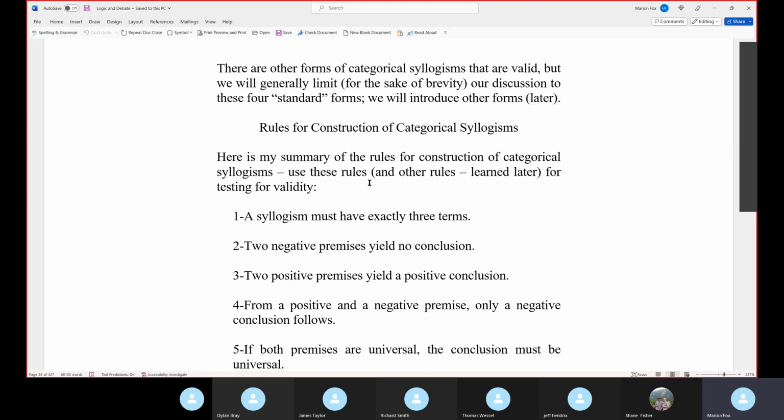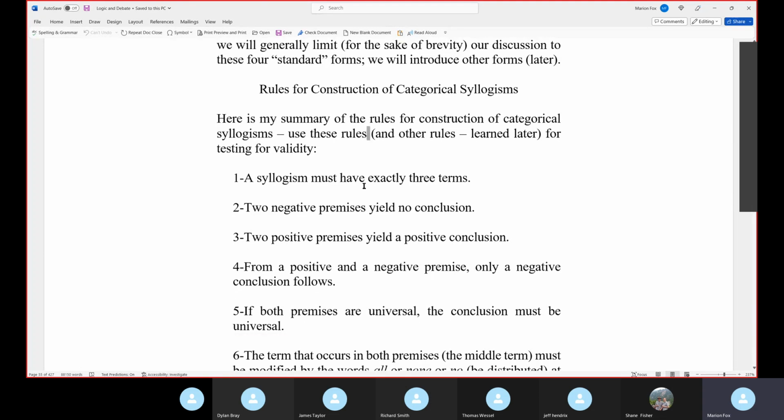Okay. All right. Now then, here are the rules for construction of categorical syllogism. We went through them. They have to have three terms, and if we have two negative premises, we can't get a conclusion. If we have two positive premises, we have to have a positive conclusion.